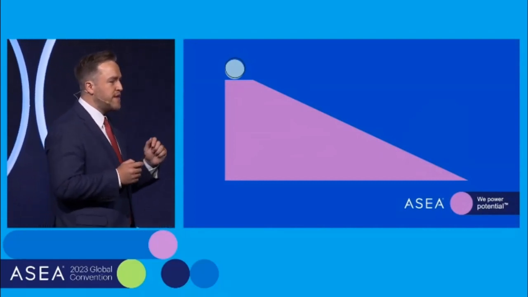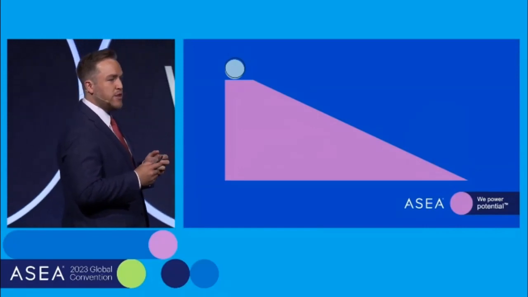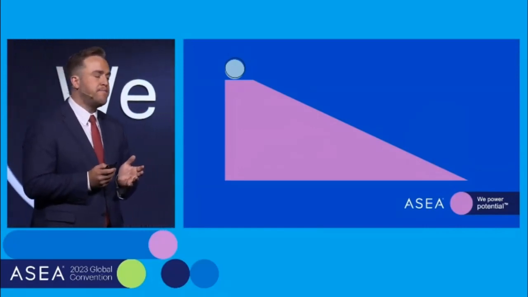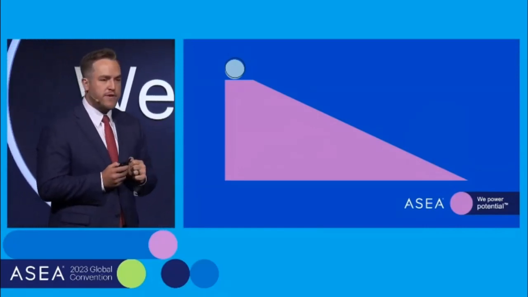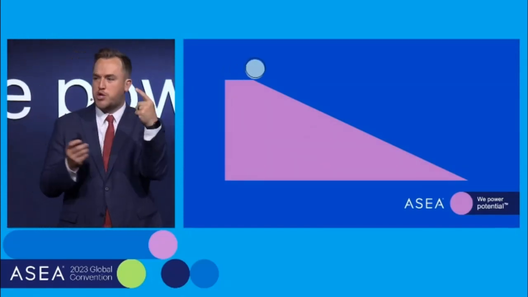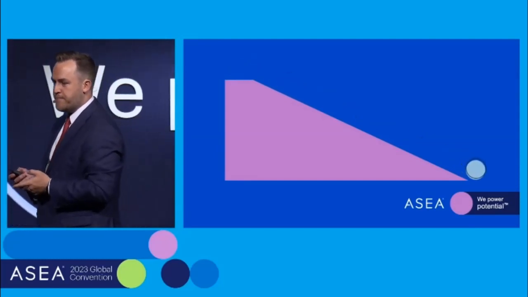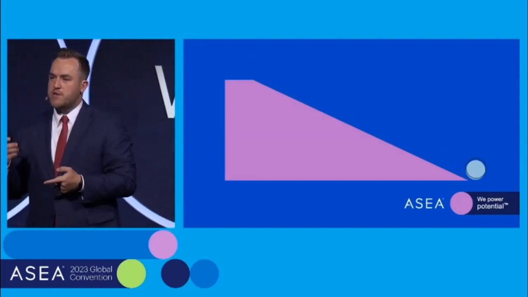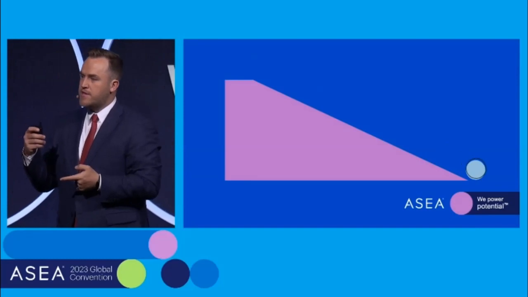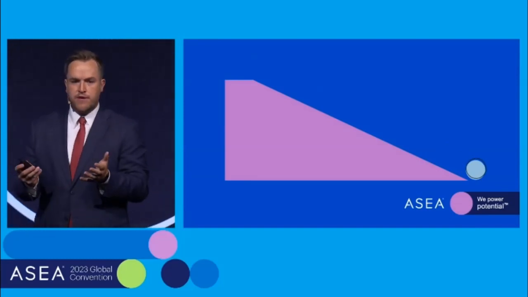I want to go through this simple example to illustrate what I mean, looking for a place to rest. Imagine a ball on top of a hill. What happens if I give it a nudge? We all know intuitively that the ball rolls down the hill. When I go through this thought experiment with people, I say, so why did the ball roll down the hill?